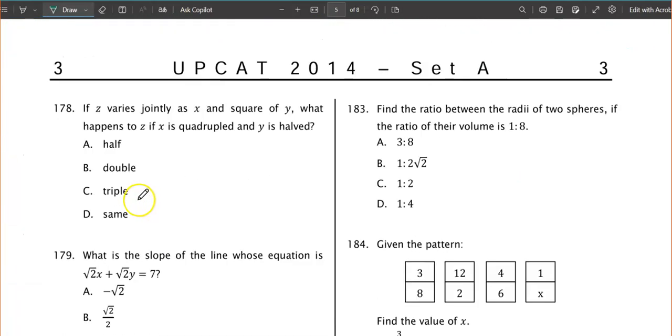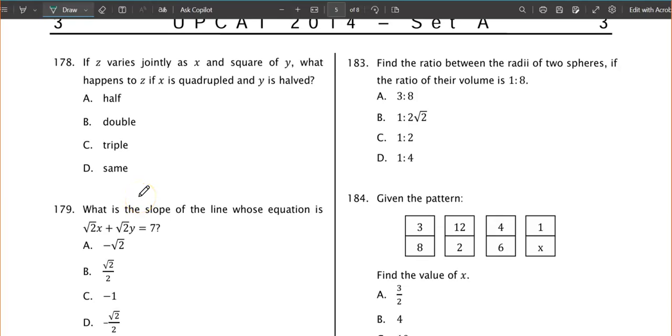Number 178. If z varies jointly as x and the square of y, what happens to z if x is quadrupled and y is halved? So this will be our equation: z is equal to x times y squared. What happens to z if x is quadrupled, meaning you multiply it by 4, and y is halved?